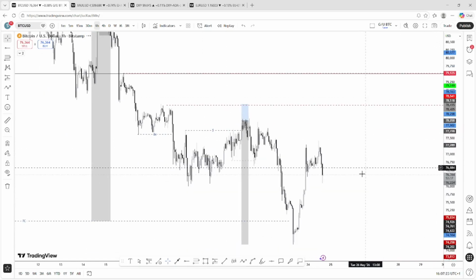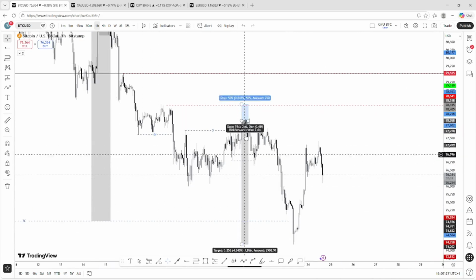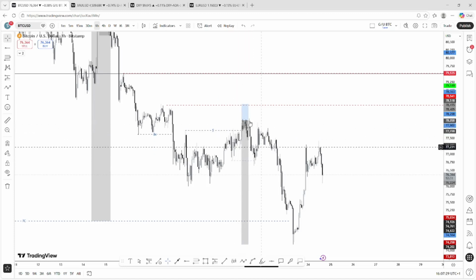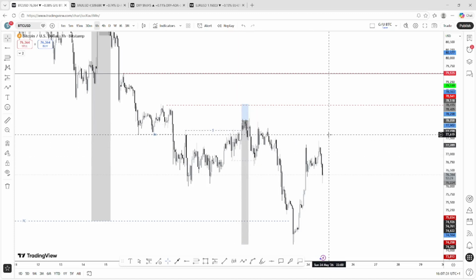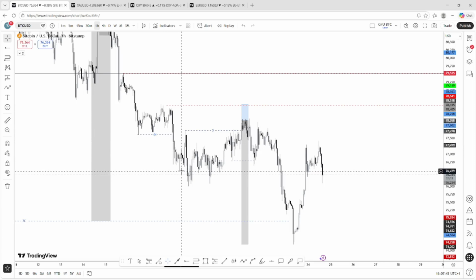See what is happening. Last week, this was on Thursday, I had a very good setup. As you can see, the last break of structure to the downside, then you can say that we retrace.